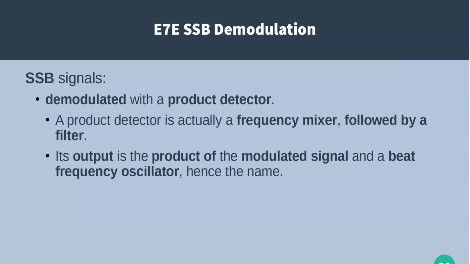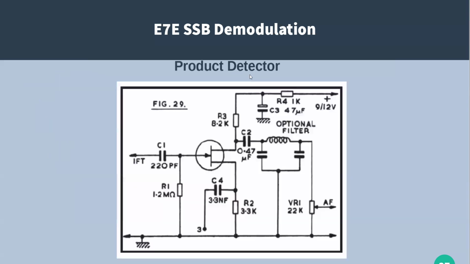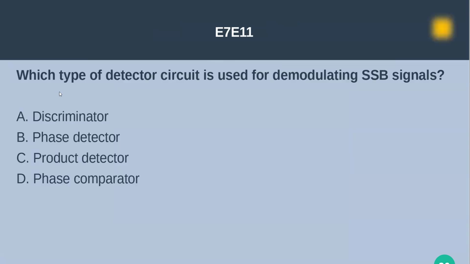So we have a beat frequency oscillator and the modulated signal, and the output of that is going to give you the baseband signal back. So just so you say you've seen a product detector. What type of detector circuit is used for demodulating a single sideband signal? This is the test of your short-term memory.